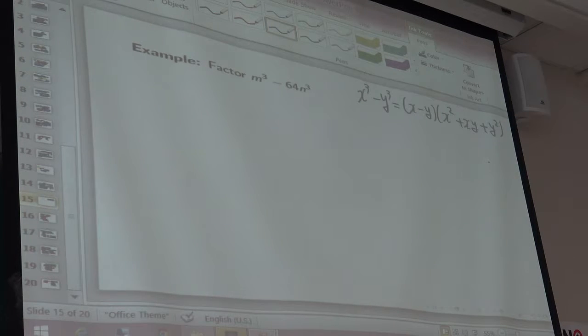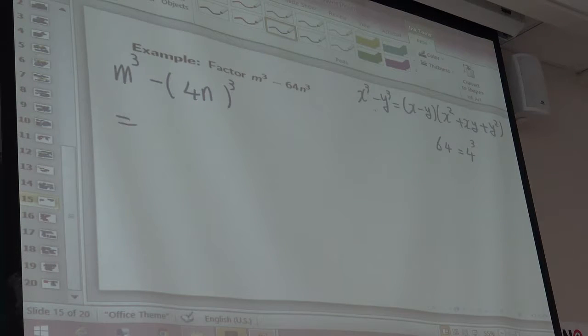So we convert the given one into something cubed minus something cubed. N cubed minus, we are going to change this into something cubed. What is that? 4n. That's right. 64 is 4 cubed, so 4 times 4 times 4. So this is 4n cubed.